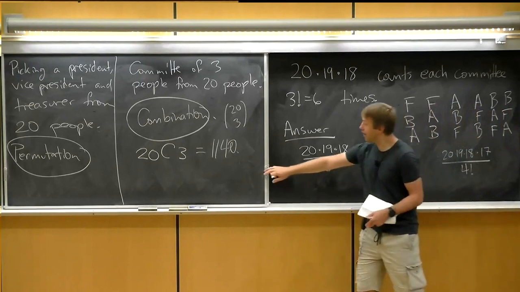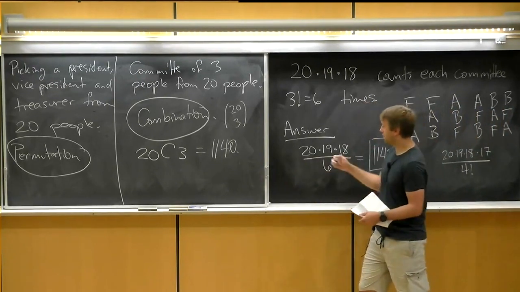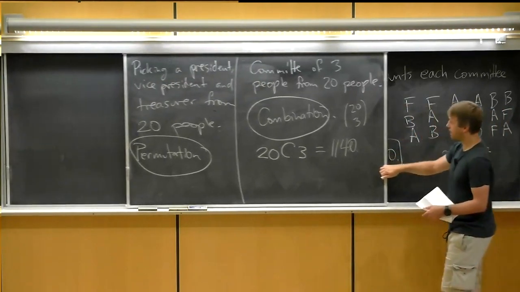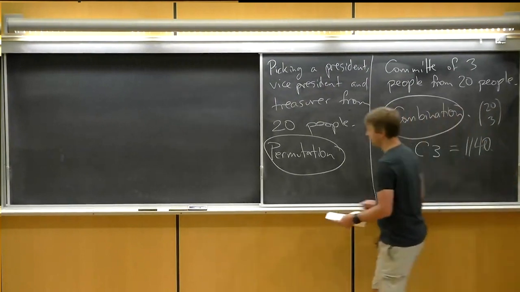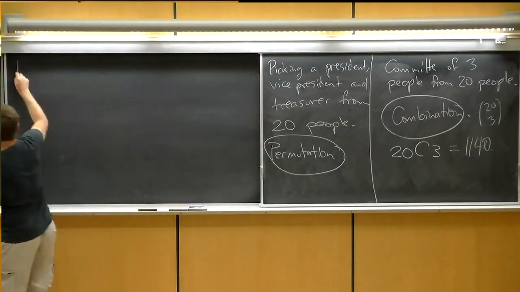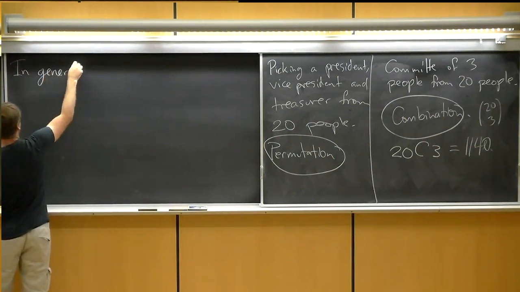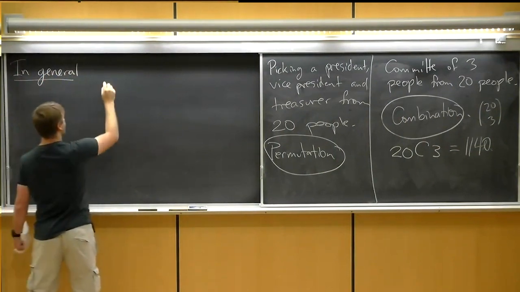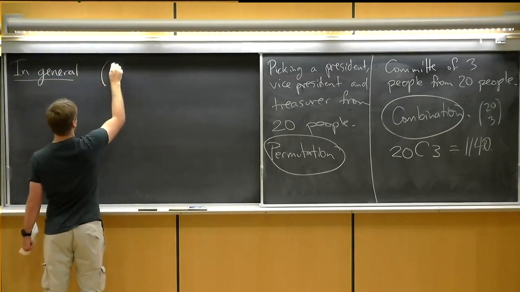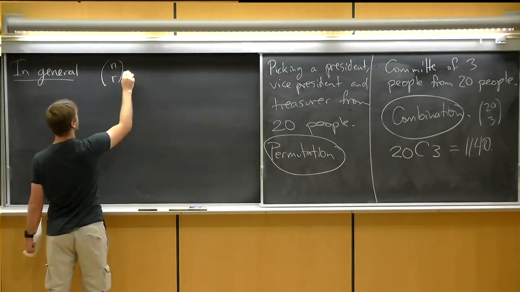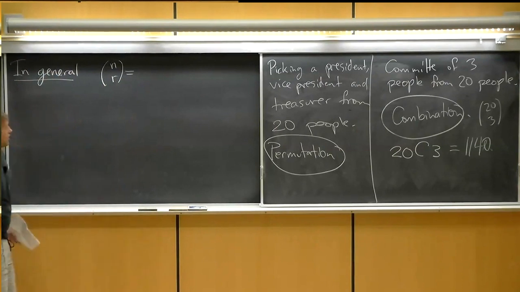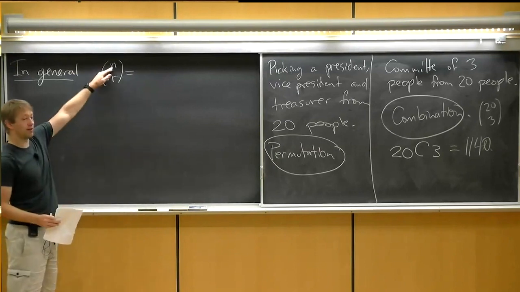So in general, if I want to find n choose R, well, this is like picking a committee of R people from a set of n people.